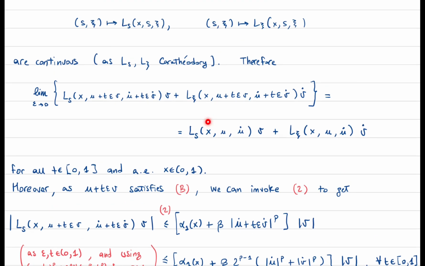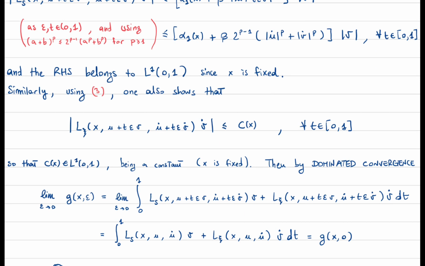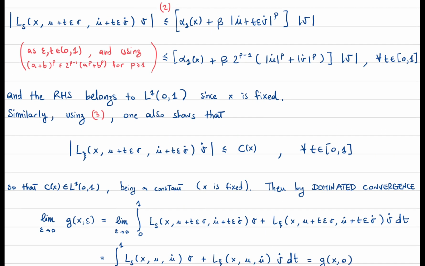Now we need to estimate this second term, and it can be bounded by using estimate three. Similarly to what we did here, you can immediately obtain that L_xi evaluated at this point times v dot is less or equal than c(x), which is just a constant depending on x, and obviously it belongs to L1(0,1) because it is a constant.